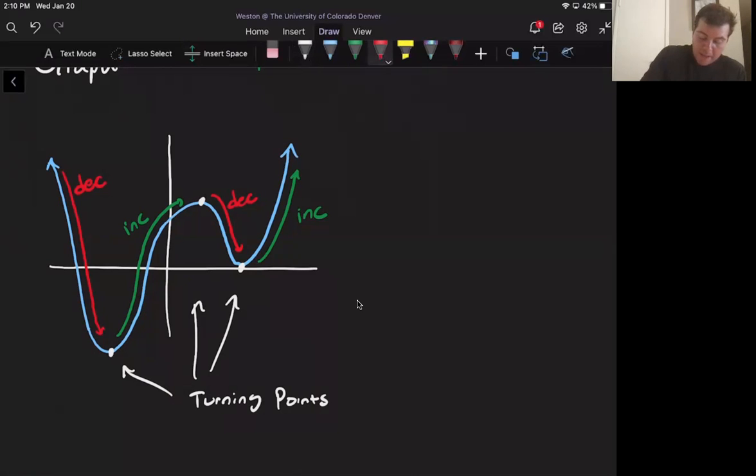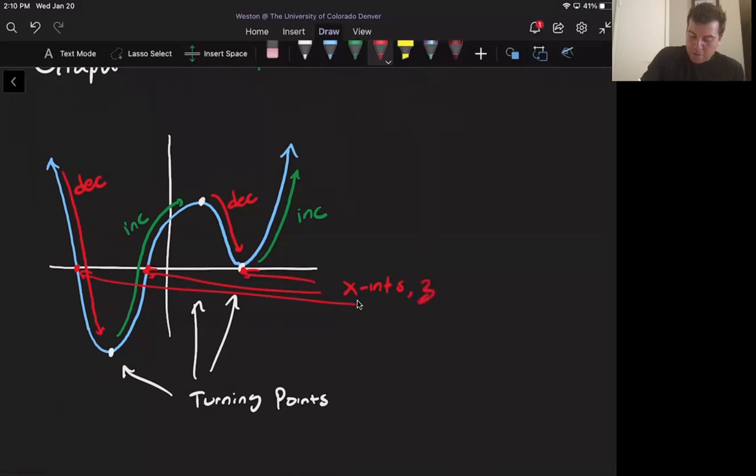Also on this graph, we have 3 x-intercepts. Sorry if the drawing's getting a little messy now. So these are x-intercepts. I'll usually abbreviate it to x-ints to save space.